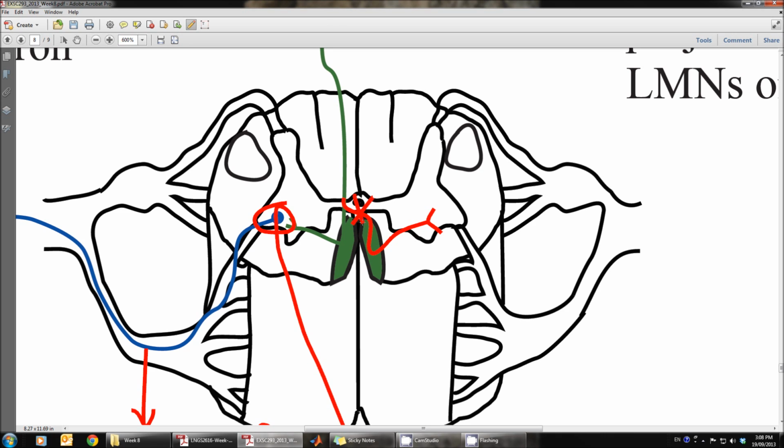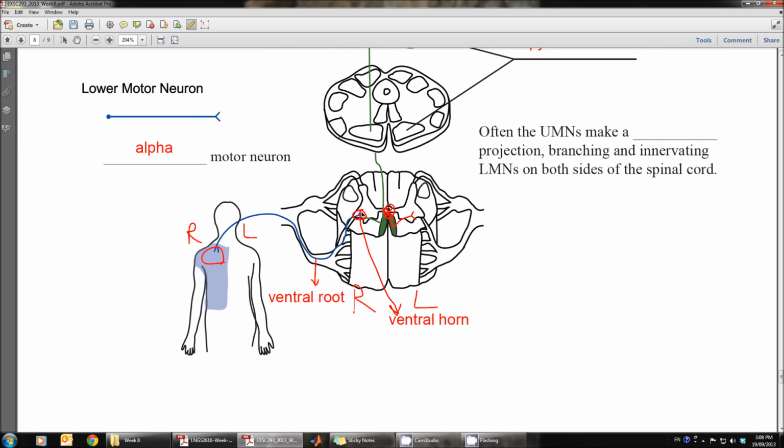That decussation occurs at the spinal cord level, and that's why the medial corticospinal tract is said to have bilateral innervation. So this upper motor neuron makes a bilateral projection, and can activate the opposite side as well.